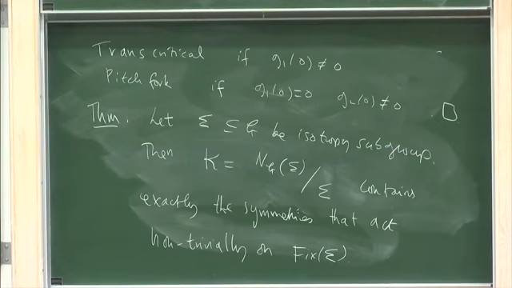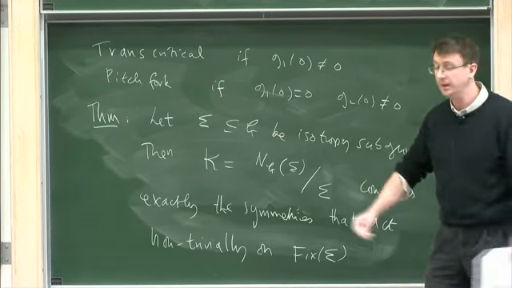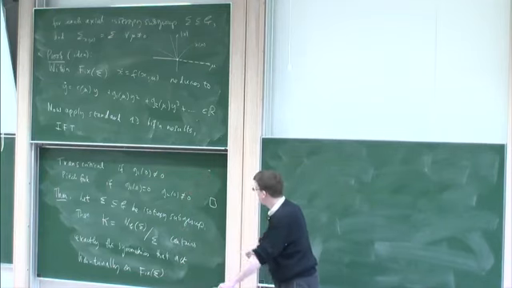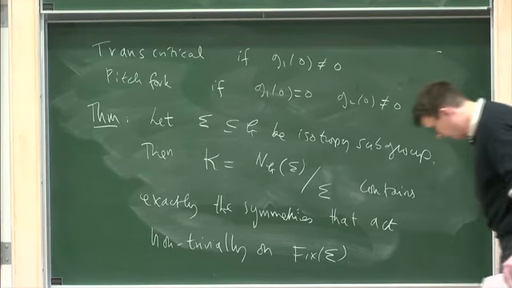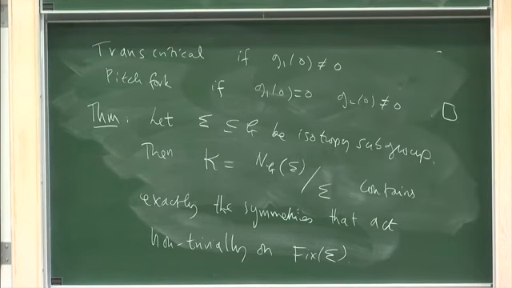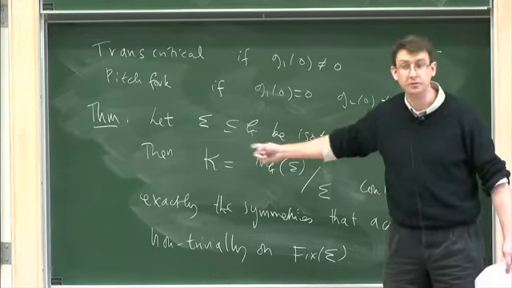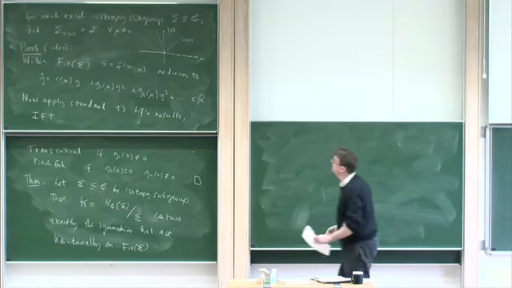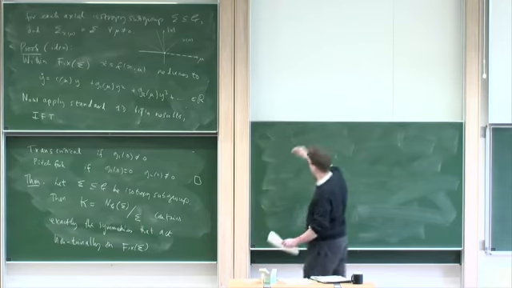Sigma acts trivially on fixed sigma, okay, that's what fixed sigma means. So I can get rid of those and I can ask whether the normalizer is larger than sigma, and if it is, then I have some additional constraints, which gives me additional information about the form of this y dot equation, for example.